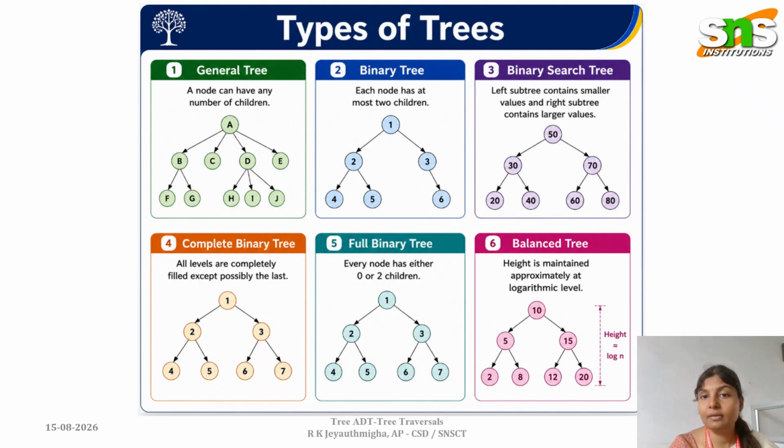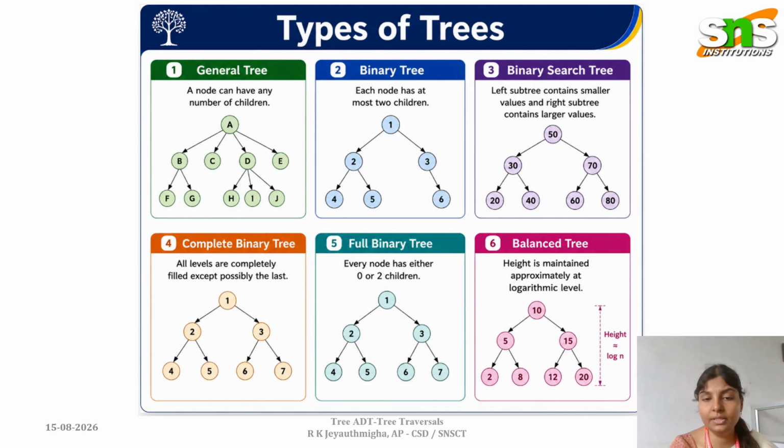Binary search tree is a tree where the left subtree contains smaller values and the right subtree contains larger values. Complete binary tree is a tree where all levels are completely filled, except possibly the last.